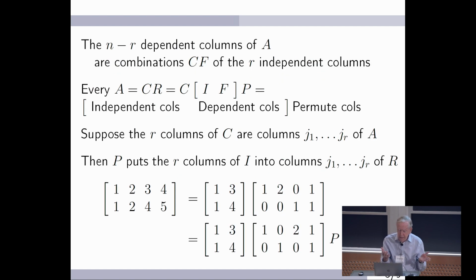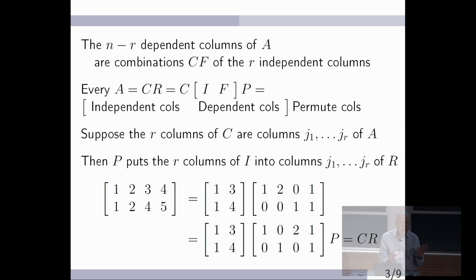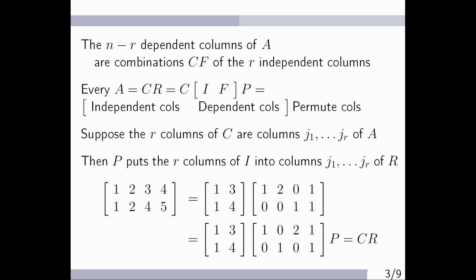Okay, and the whole thing becomes sort of clear. If you put the independent columns in C, then what is R? Well, in the columns that you're just reproducing, R is the identity. But in the dependent columns, the dependent columns are combinations C times F of the independent columns.